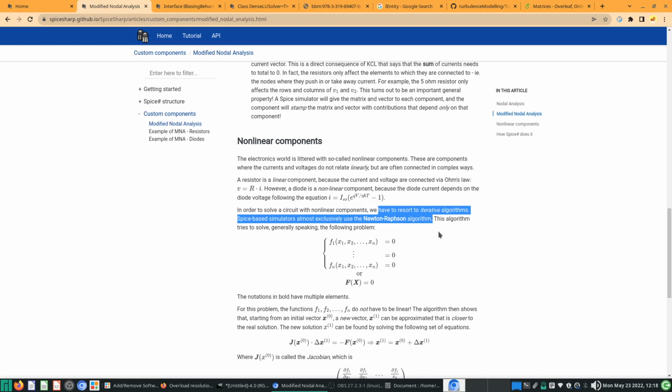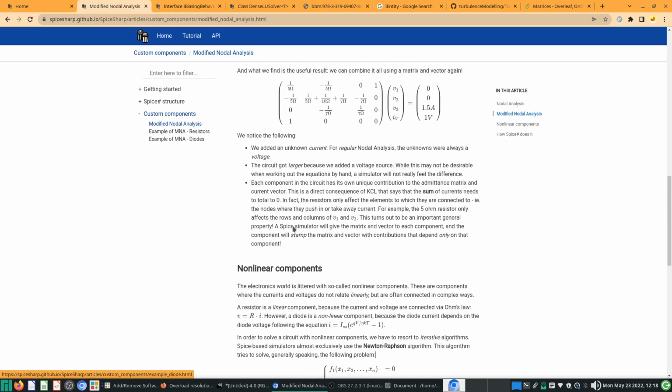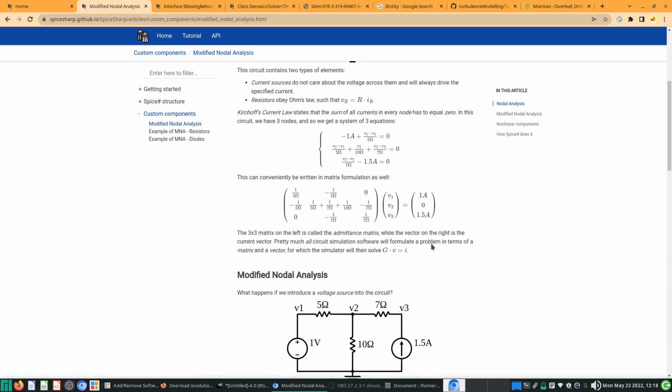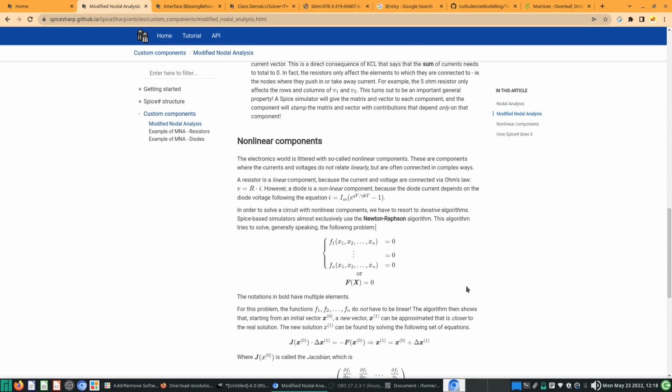So this circuit solver actually solves for non-linear components. We just need to construct the matrix using this Newton-Raphson method, and that will help us get closer to where we want to be.